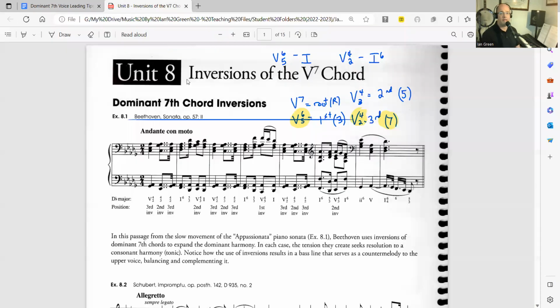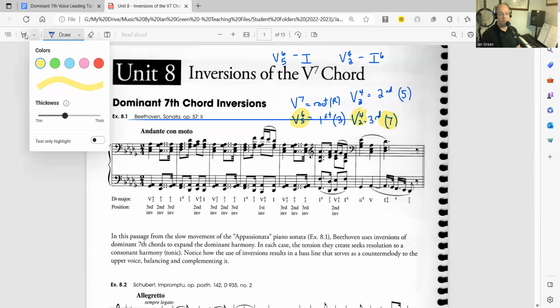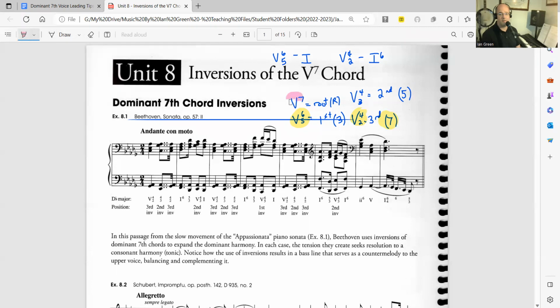Now, when we are looking at the inversions of the dominant seventh chord, of course we have a few different options. The V7, as noted here, with let's say yellow, or let's do pink highlighter. The V7 is where the root is on the bottom.